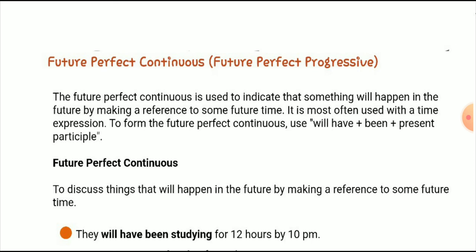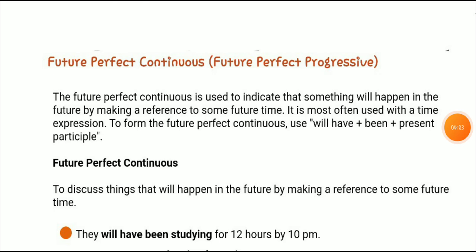To form the future perfect continuous, use will have plus been plus present participle. It is used to discuss things that will happen in the future by making a time reference to some future time.